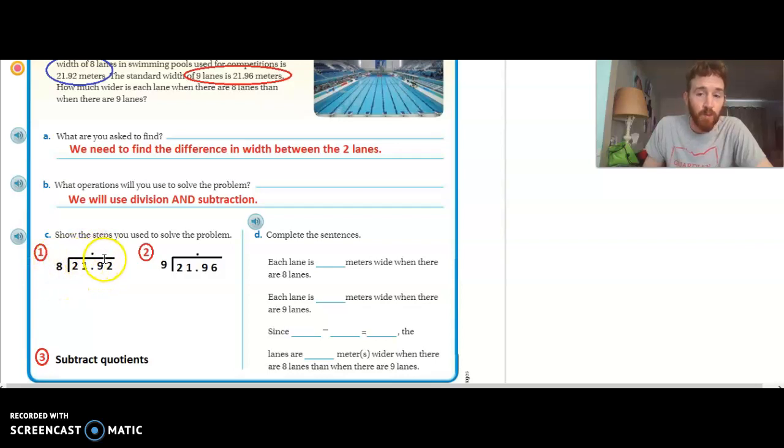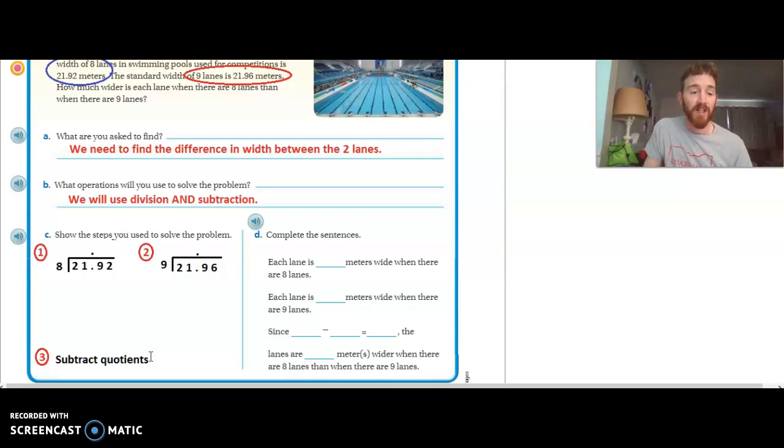That'll tell us how much one of those lanes is when it's 8 lanes. And then we take the 9 lanes, the size of the whole thing divided by how many there are, which is 9. So we need to solve these 2 problems. And then step 3, we're going to take those quotients and subtract to find the difference, which will be our final answer. This is a multi-step problem here. We have to find the 2 widths and then be able to subtract to find the difference.